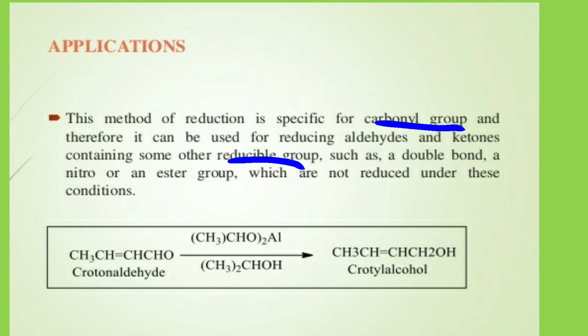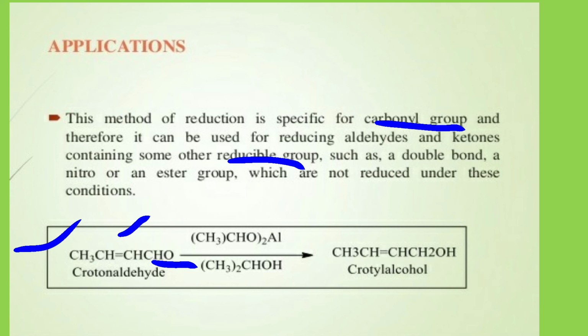You can see in this reaction, this is crotonaldehyde. There is a presence of an alkene and also the aldehyde. But in the presence of aluminum isopropoxide and alcohol, it gets converted to crotyl alcohol.